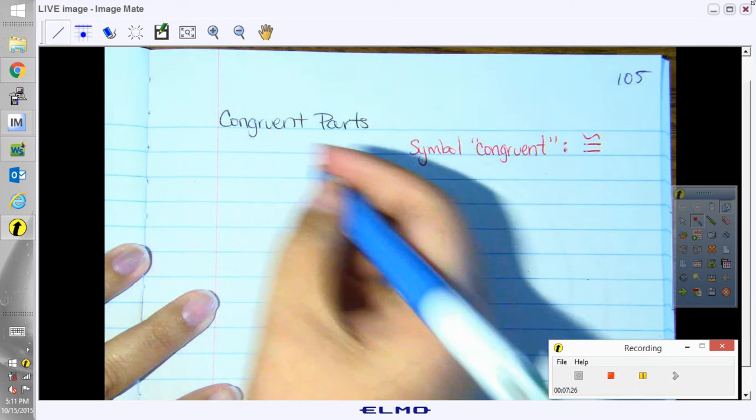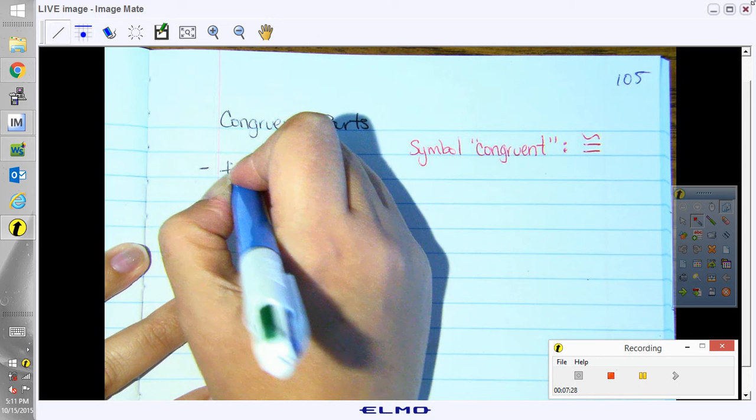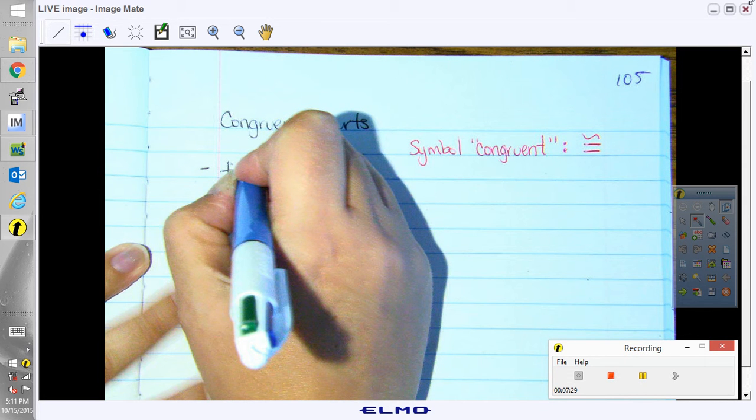So first we're going to start with what we call tick marks or hash marks. Tick marks or hash marks show 2 sides or segments are congruent.